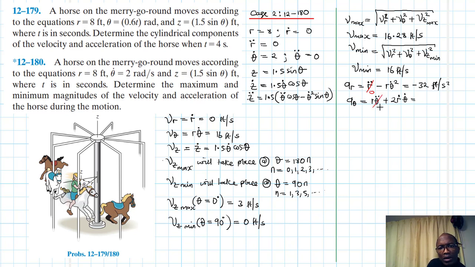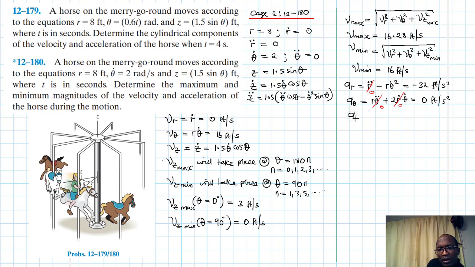This part is 0, and this part is also 0 because theta double dot is 0 and R dot is 0. Therefore, this is just 0 feet per second squared.